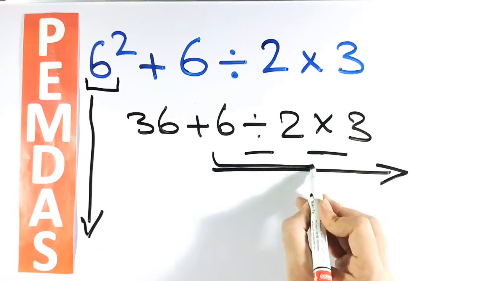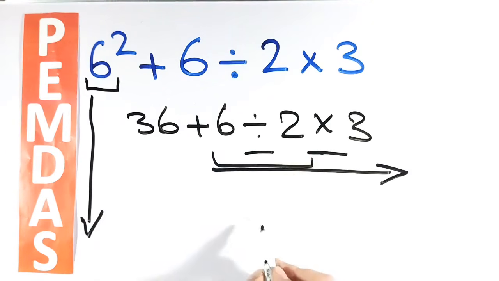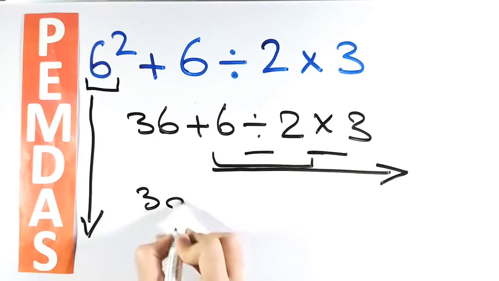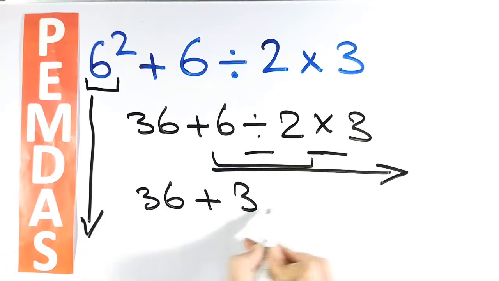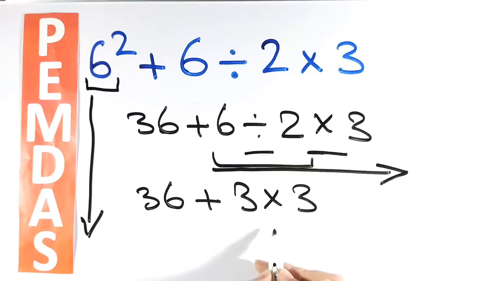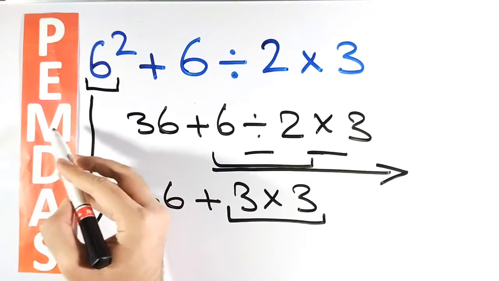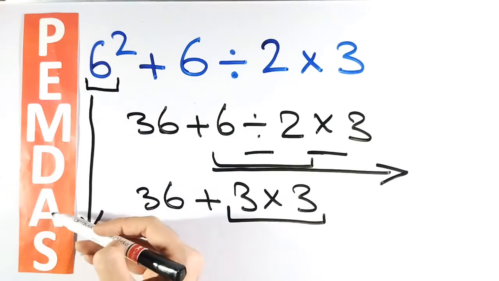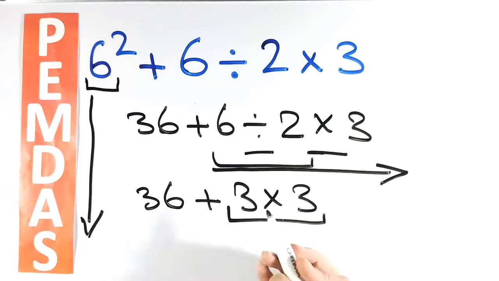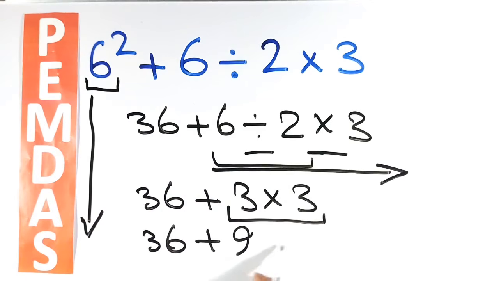So, first we go for the division between 6 and 2, and write this expression as 36 plus 3 multiplied by 3. And the final step, we go for the multiplication between 3 and 3, because multiplication has a higher priority than addition. So we rewrite this equation as 36 plus 9, which finally gives us the answer 45.